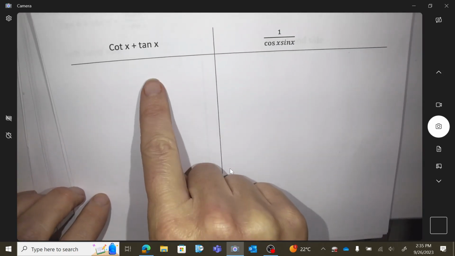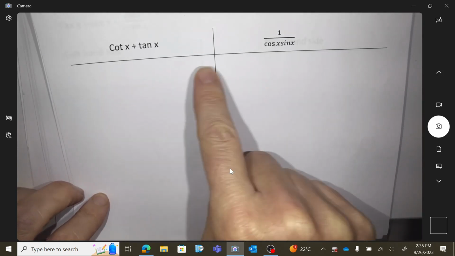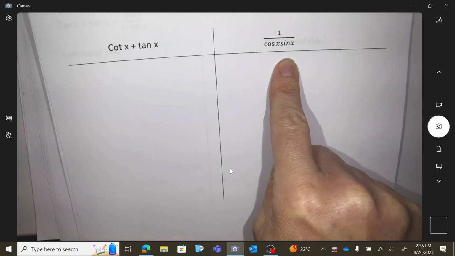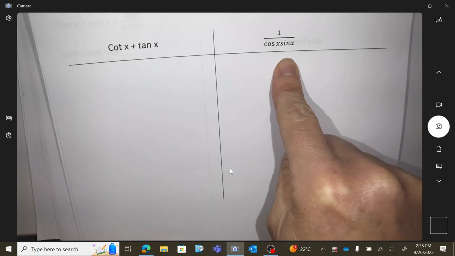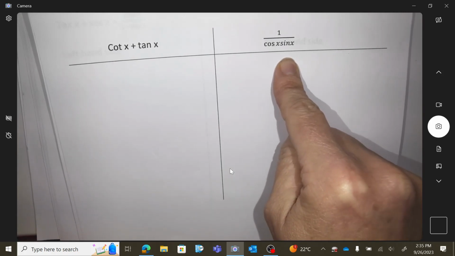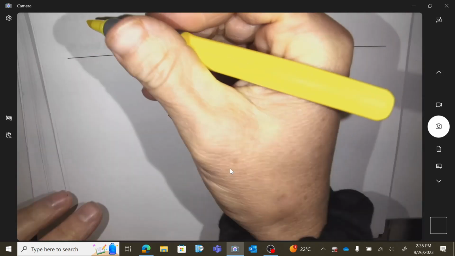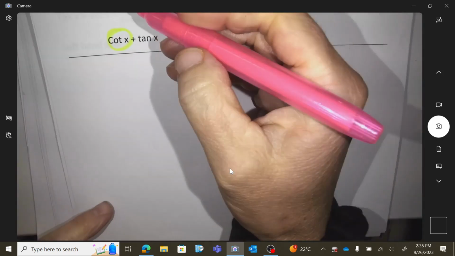So for me, I am going to start on this side because it looks more complicated. When I see things that are cosines and sines, I feel like that's as low as you can ever get in trig. There's nothing that you can get to past just a sine and a cosine. So substitute, please. Give me something here and something here.